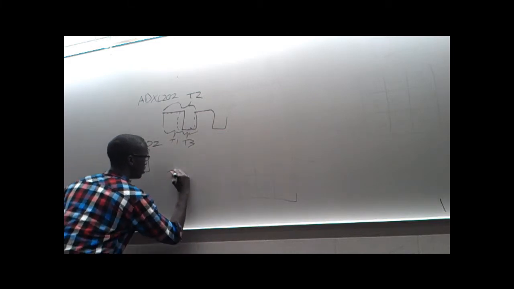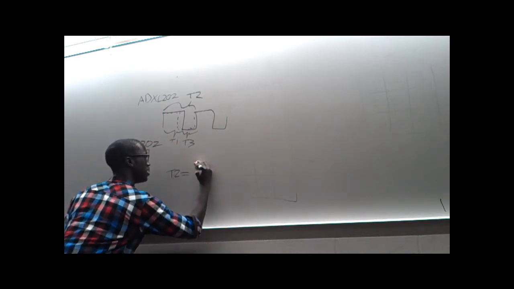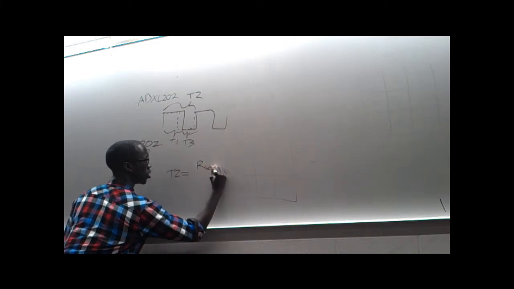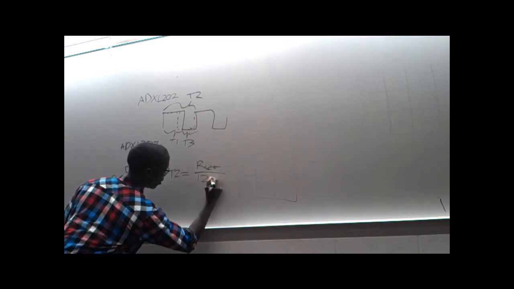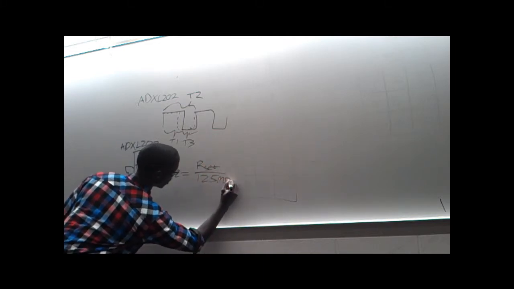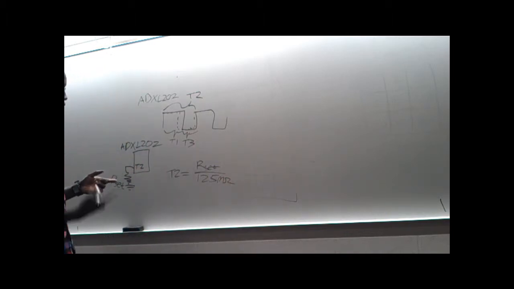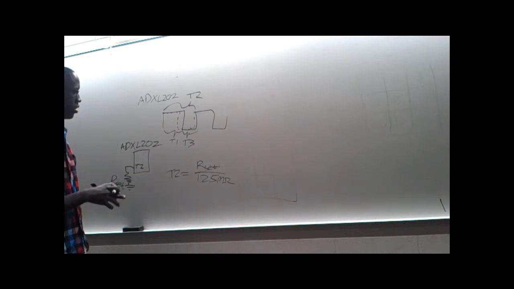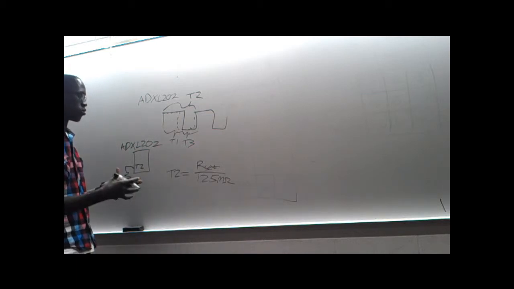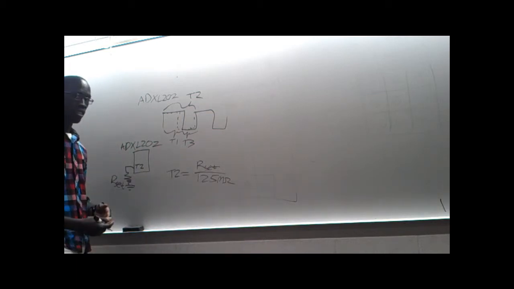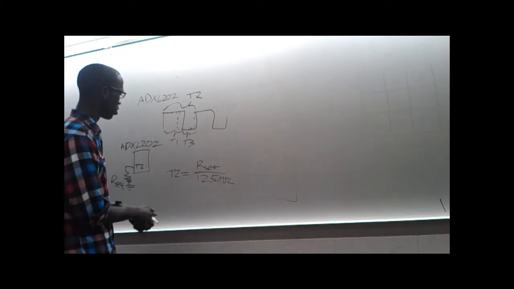How this happens is via the relationship T2 is equal to Rset over 125 megaohms. So that means that if Rset were to be 125 kilohms, then the period induced from that would be 1 millisecond, giving you a frequency of 1 kilohertz.